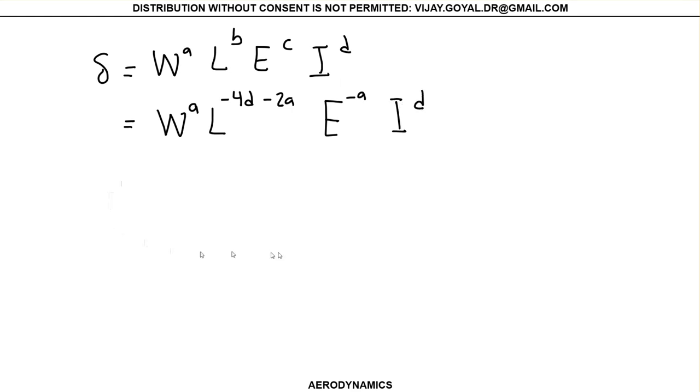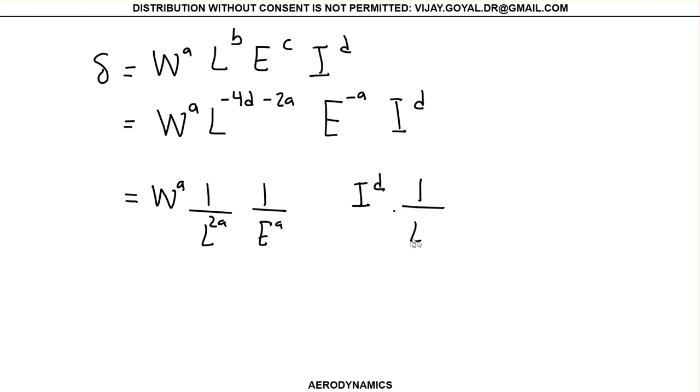Now we're going to rearrange everything with the same exponent. So this becomes W to the A, 1 divided by L to the 2A, 1 divided by E to the A, and then we have I to the D, and then divided by L to the 4D.